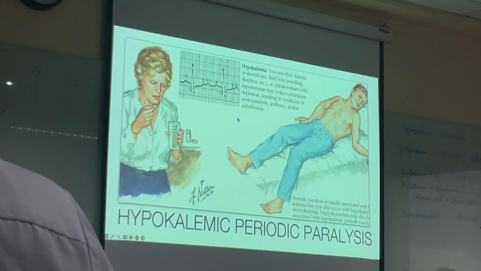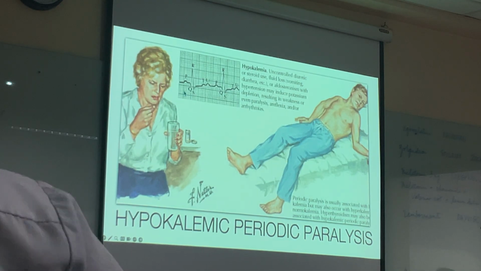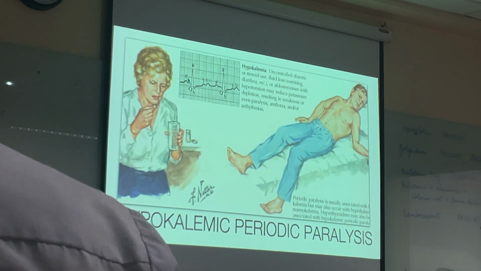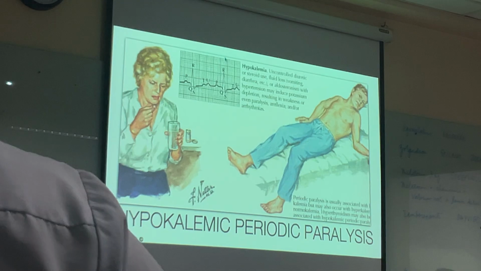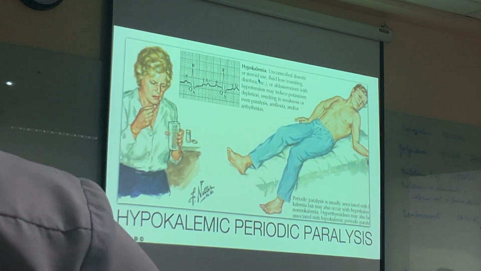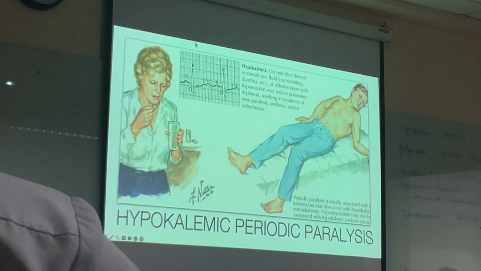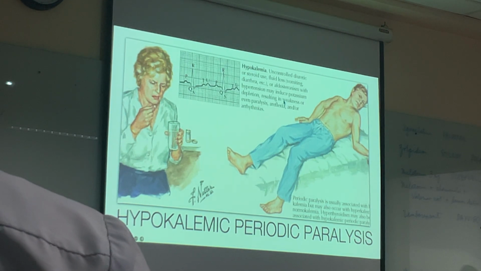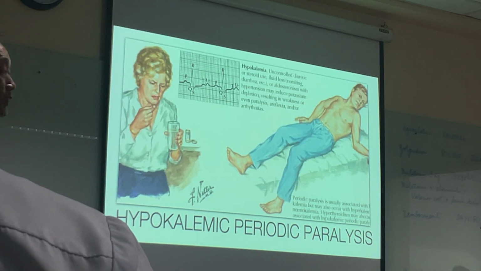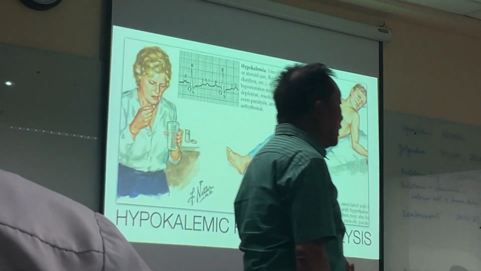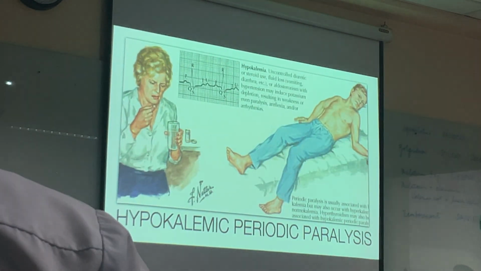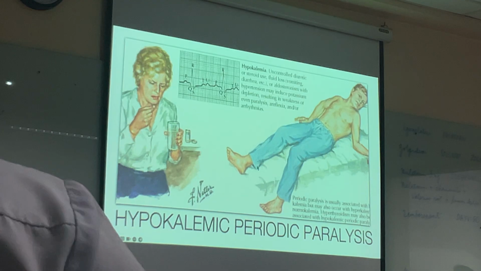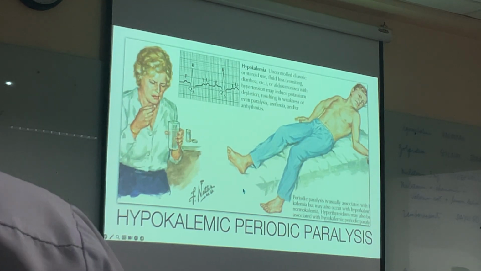Okay. Why? Because it can cause cardiac arrhythmias and the patient can die. Okay? Second, you treat this, it's treatable. You give potassium. Okay? You give 40 milliequivalents potassium. If you inject the potassium directly, what happens? Huh?